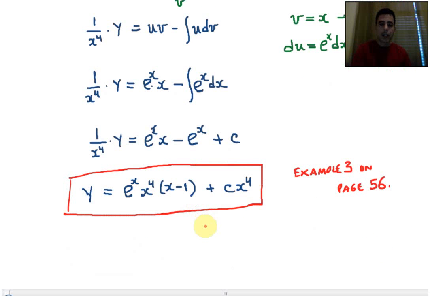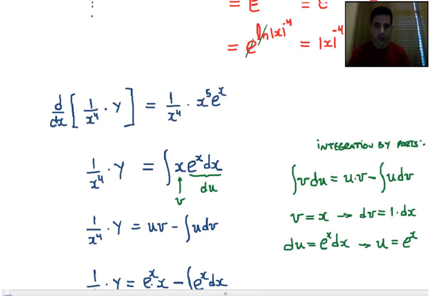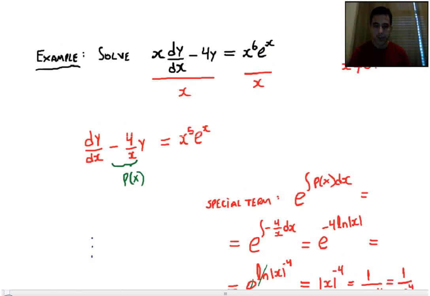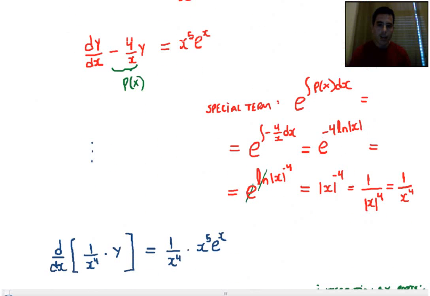Now, let's look at some of the conditions for x, because x cannot be any number. In the derivation of the solution here, we have to assume a few things. First, x can't be 0. That's the first assumption. Also, in the special term, x here cannot be 0.